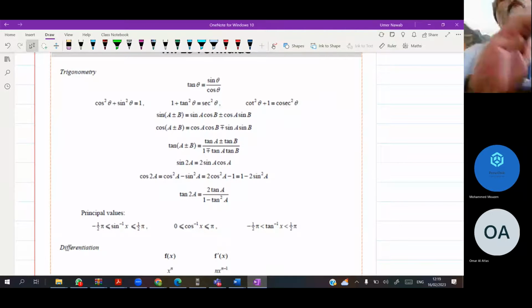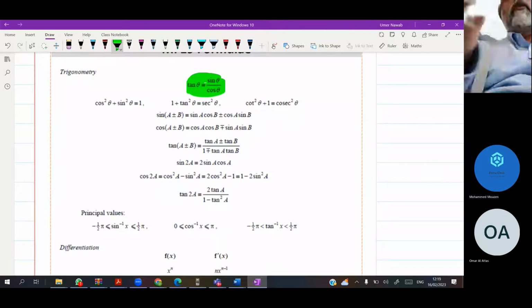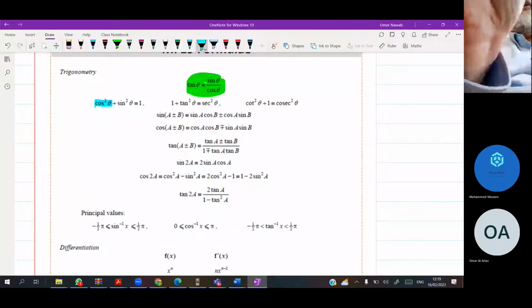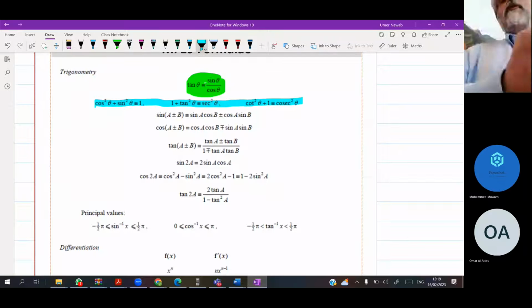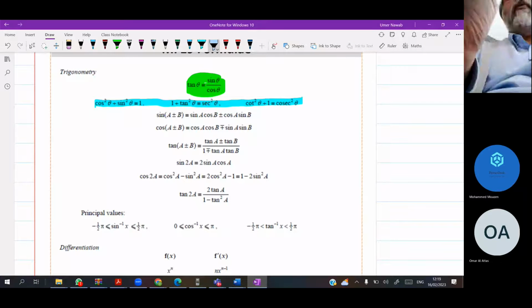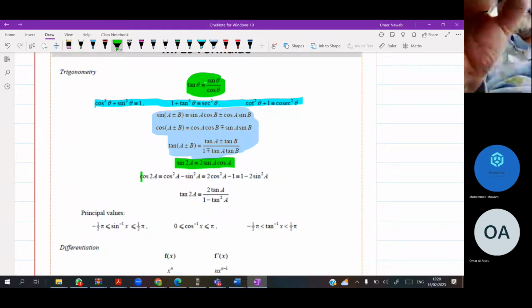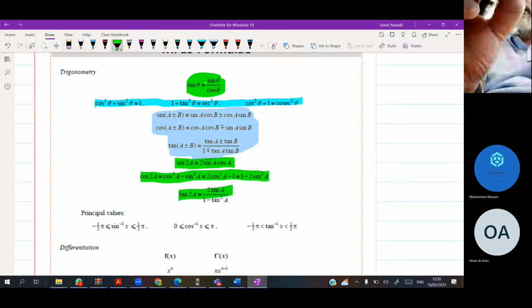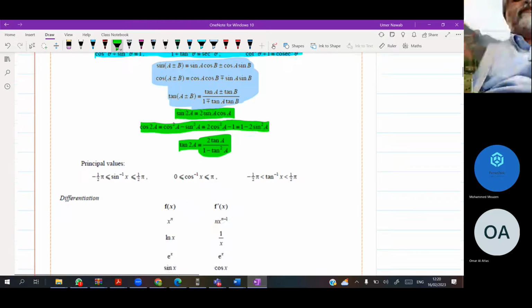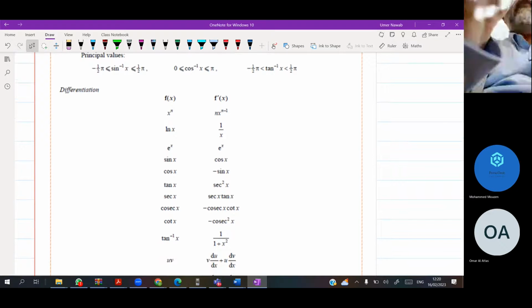In MF19, you need to know the quotient identity. Then you need to know the Pythagorean identities. Then you need to know your compound angle identities. Then you need to know the double angle identities for sine, for cosine, and for tan. In differentiation, what do you need?